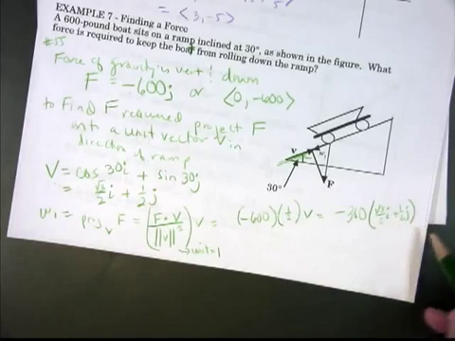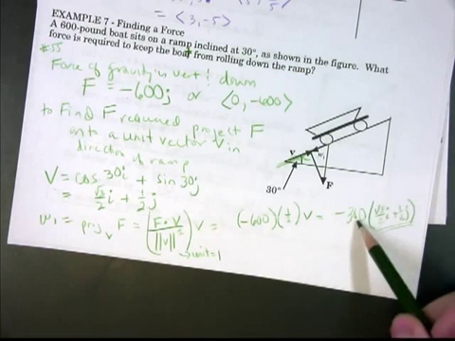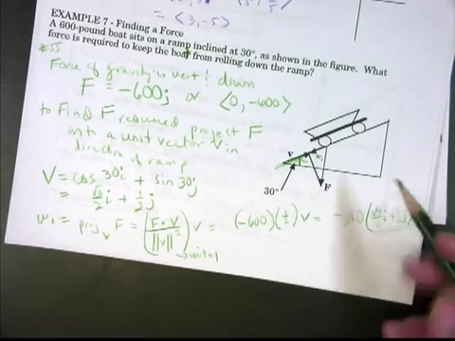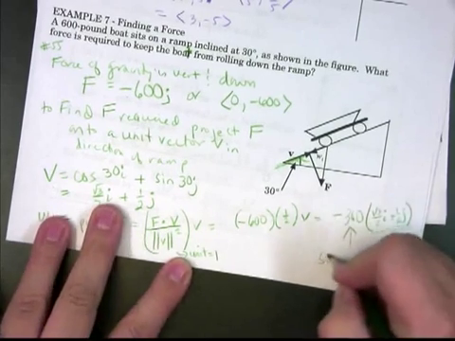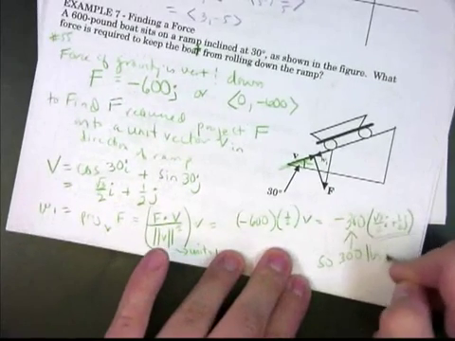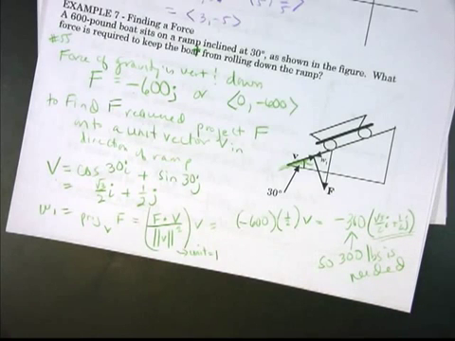But the reality is this vector is not important to this force. So the magnitude is 300. So 300 pounds is what is needed in order to keep the boat on the ramp. And I'm sure we'll be talking more about this example in class.